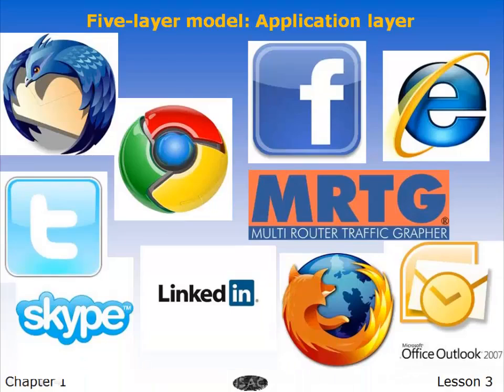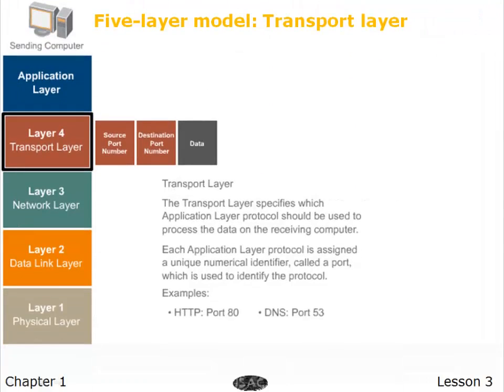In the 5-layer model, the application layer could be processed by the following programs. You can see Chrome, Internet Explorer, Outlook Express, and so on. After the application layer processes the information, it gives it to the transport layer.